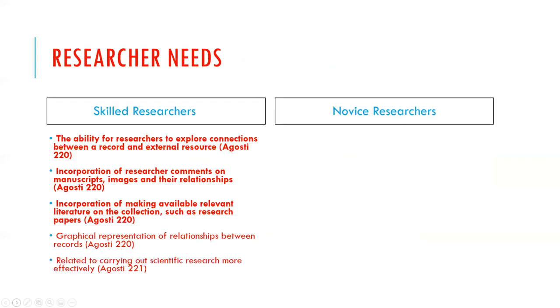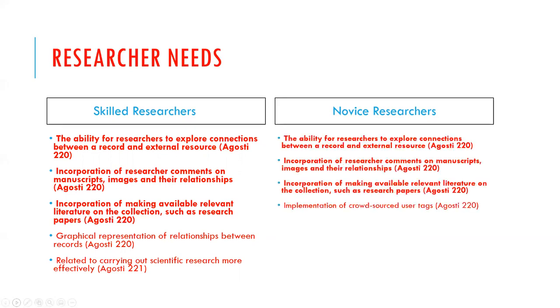So for more skilled researchers, they are interested in having the ability to explore connections between a record and external sources, incorporating researcher comments, making available relevant literature on the collection, such as research papers, and also having graphical representations of the relationship between records, which is actually something that the New York Public Library Archives and Manuscripts does with their online finding aids, and are really interested in carrying out research more effectively.